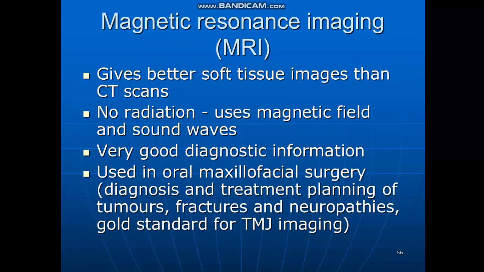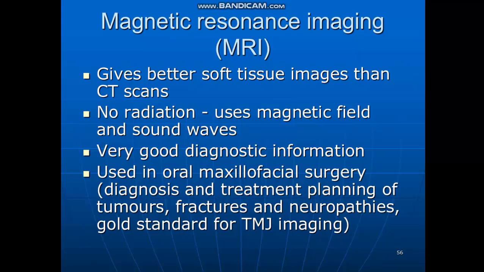Magnetic resonance imaging for investigation of the maxillofacial region gives a better soft tissue image than computer tomography. That's why for investigation of soft tissue disease we use magnetic resonance tomography.